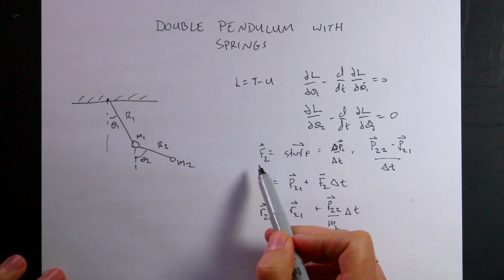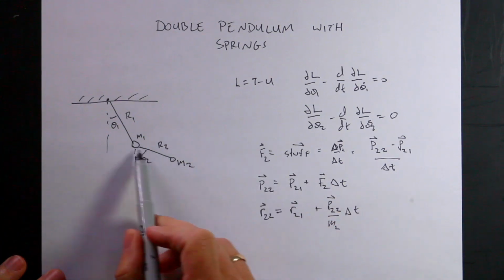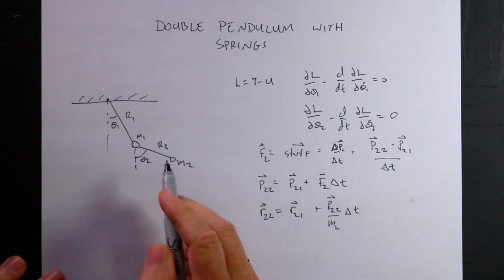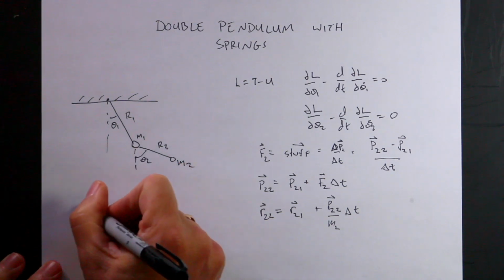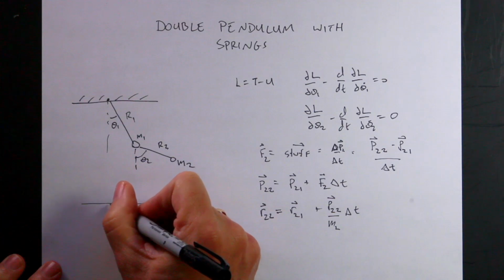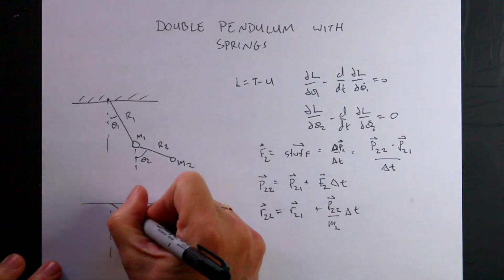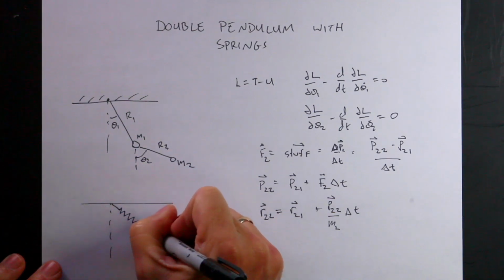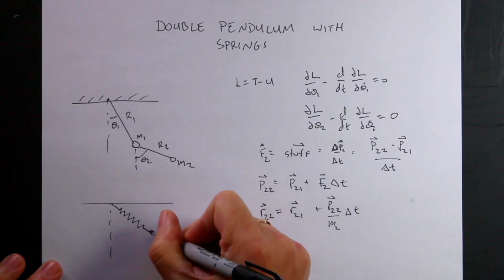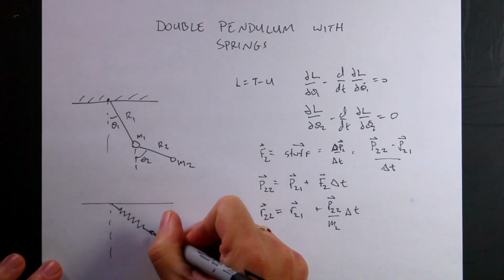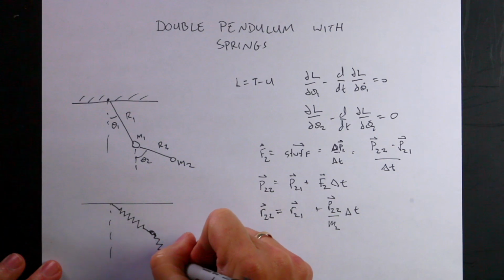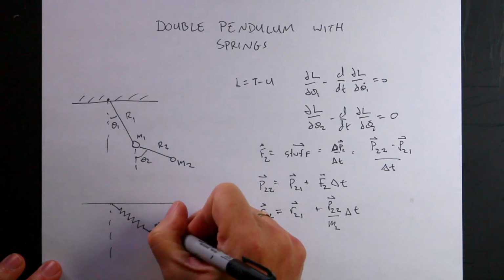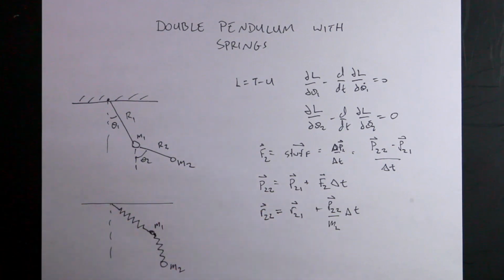And I can do that because I'm going to take that string and replace it with a spring. So instead, I'm going to actually have this system. Here's the spring. Poor planning. So there's M1, M2, and now I have 2 springs.